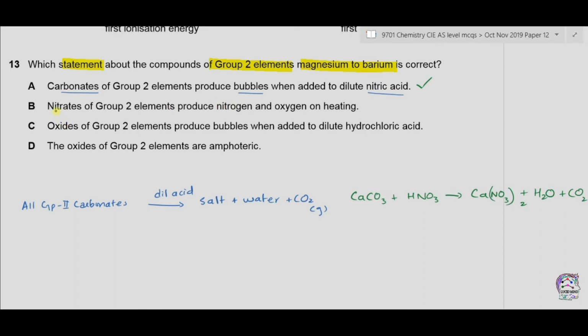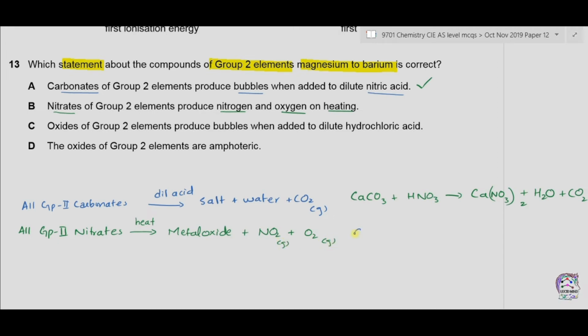In B, it says nitrates of group 2 elements produce nitrogen and oxygen on heating. As we know, all group 2 nitrates in the presence of heat decompose and form metal oxide along with nitrogen dioxide and oxygen gas.